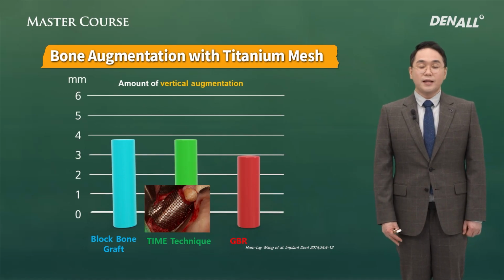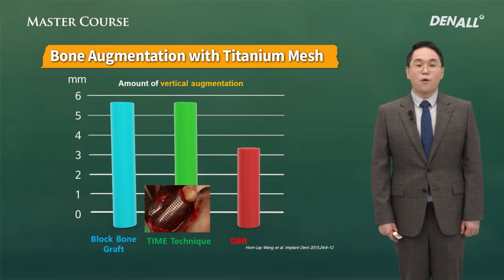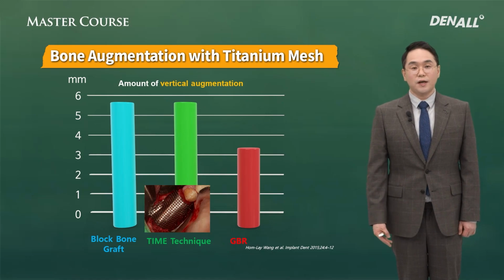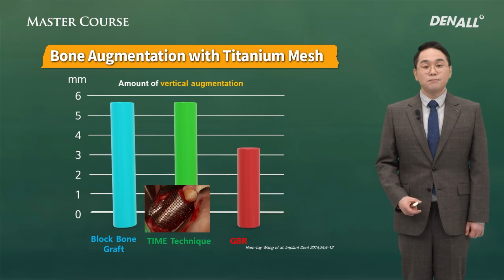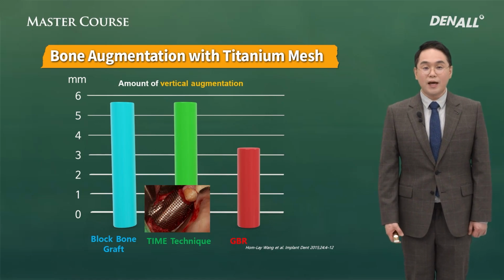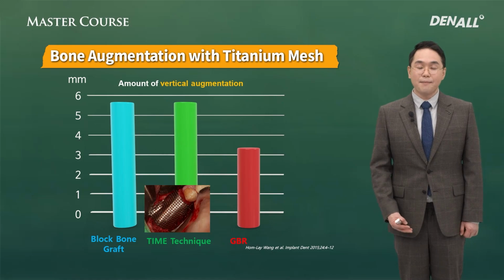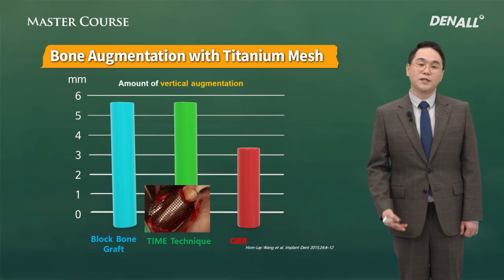Titanium mesh technique and block bone can grow 5 to 6 millimeters of vertical bone, but GBR using particle bone graft material and the conventional membrane can grow 3 to 4 millimeters of vertical bone.